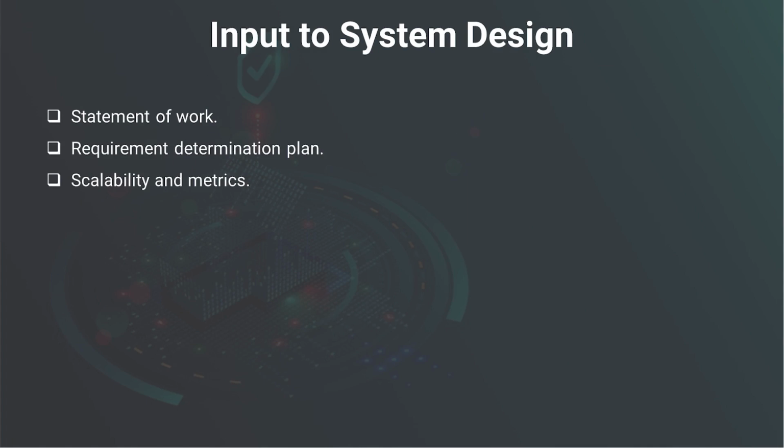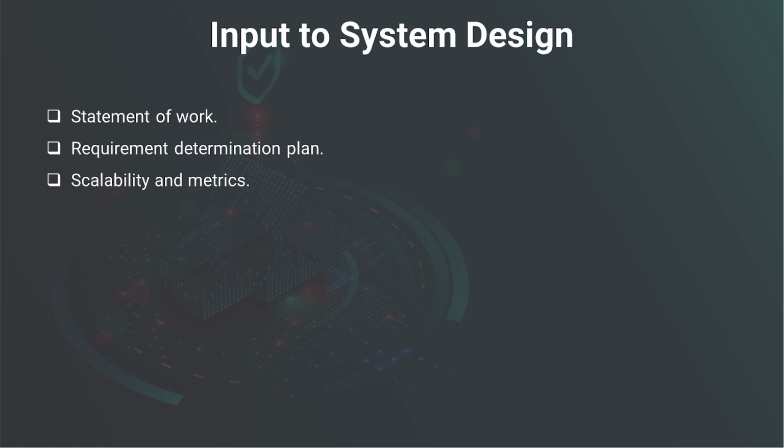Let us now see what some of the inputs to system design are. One of the inputs could be the statement of work. This defines what is to be built and what the use case of the system is. In our case, we are trying to build a taxi hailing system for the users. Another input to system design would be the requirement determination plan.